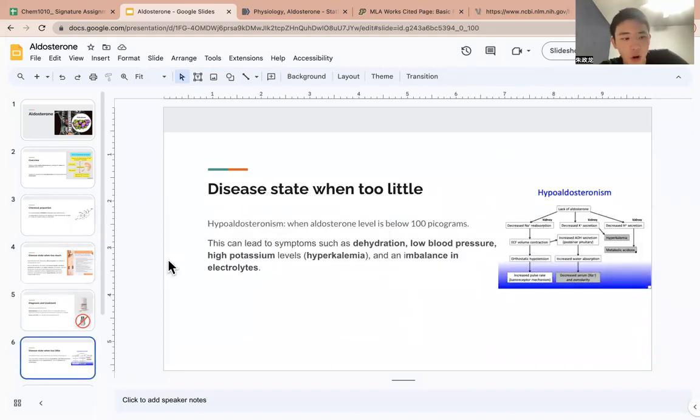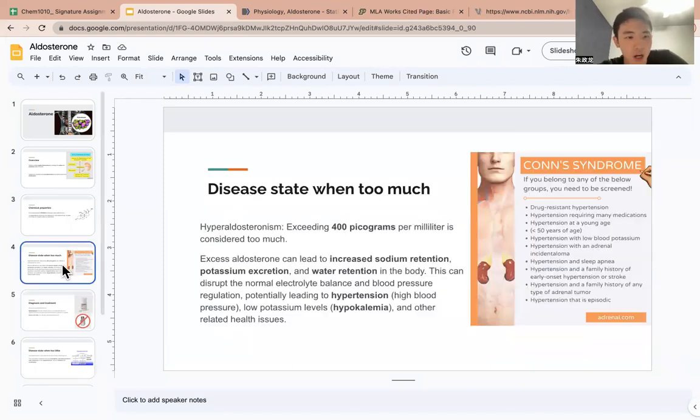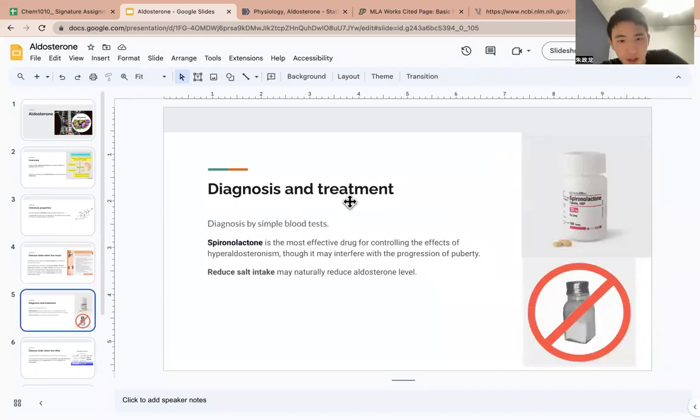The treatment for hyperaldosteronism is done by taking medications such as spironolactone, which is the most effective drug for controlling the effects of hyperaldosteronism, though it may interfere with the progression of puberty.